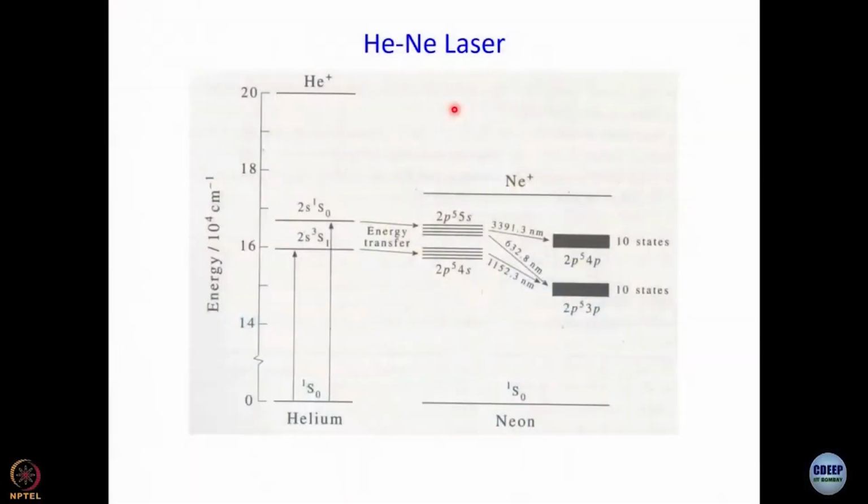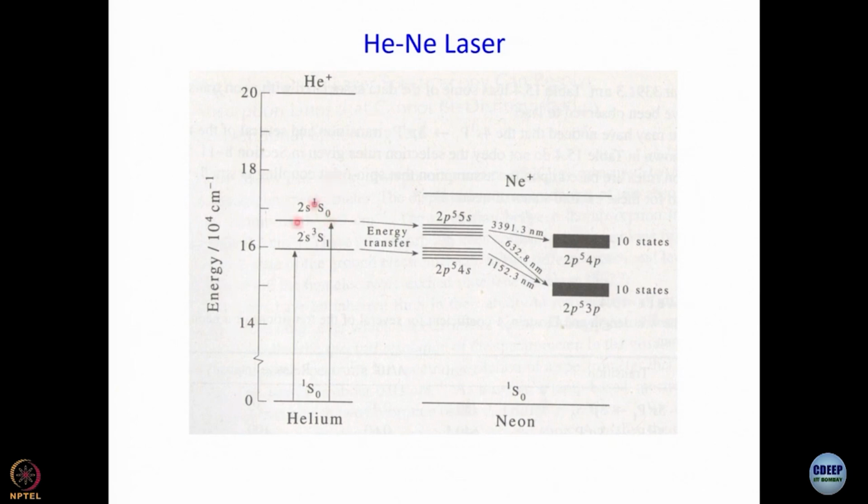This is once again from Macquarie and Simon's book, the energy level diagram of HeNe laser. So, see what we have here, we have helium, we have neon, this is the ground electronic state, singlet S0 state. This is a triplet S1 state, this is a singlet S state.